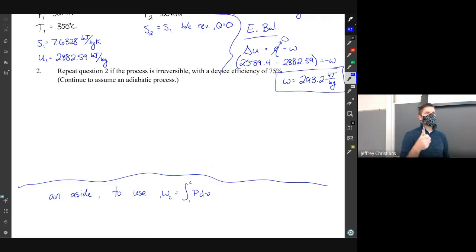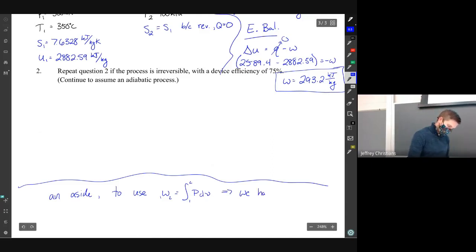This equation works. The only way to use that, though, is to know that pressure is now changing. We have to know how pressure is changing. So we have to know how P changes as a function of volume.